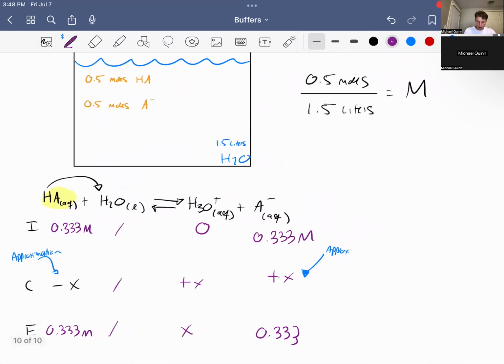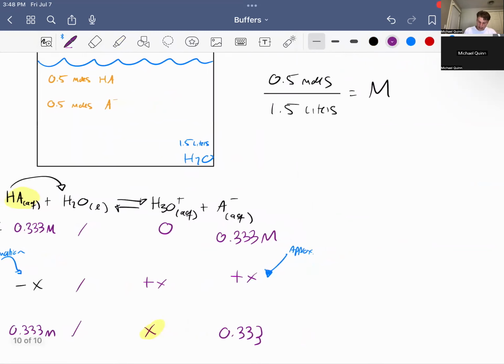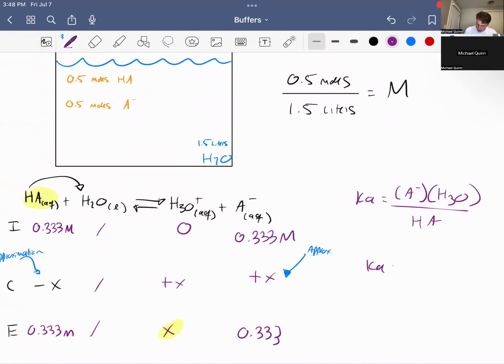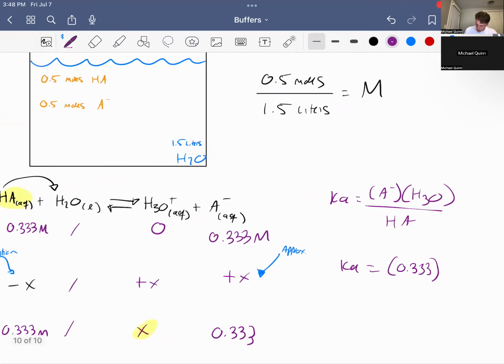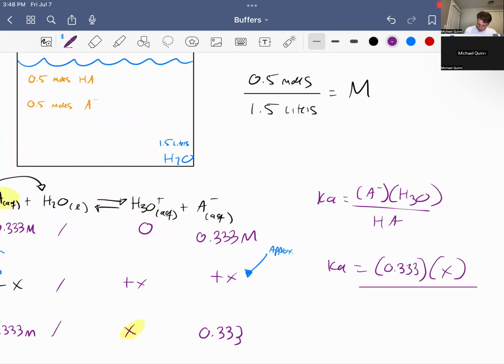So how can we calculate the pH using this ice table? Well, we need the Ka, A minus times H3O over HA, and we can fill in. We don't know H3O, we can call it X, and this is going to be over 0.333.